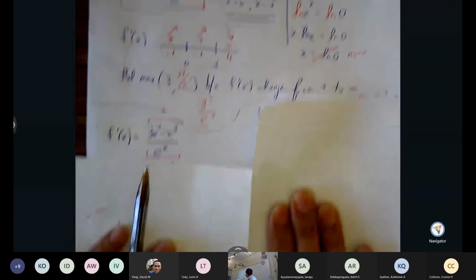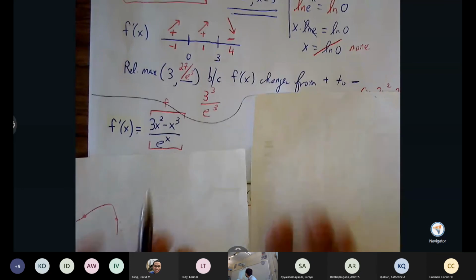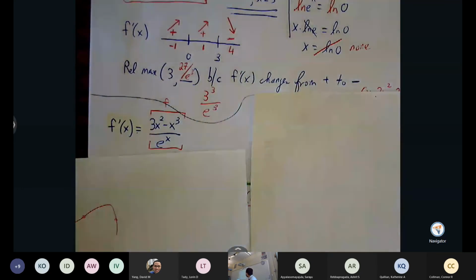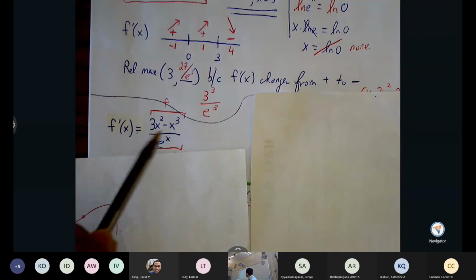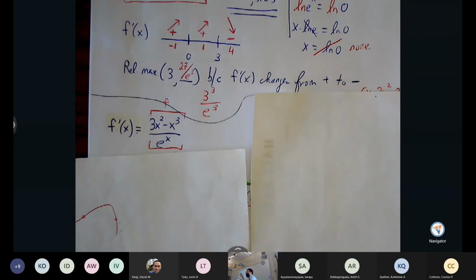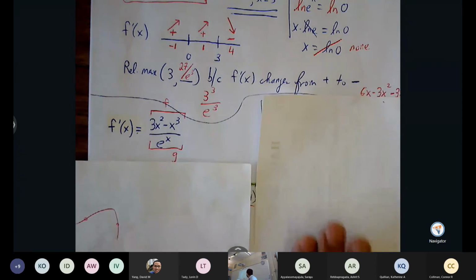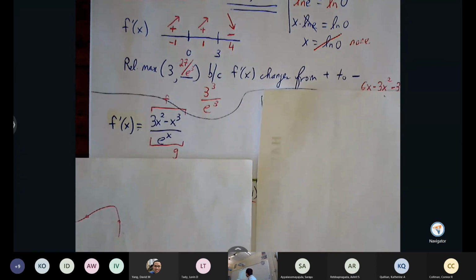The parentheses were good for us to find critical points, but before I move on to the second derivative, I'm going to resolve that parentheses so that when I do f double prime, I don't have to deal with another set of parentheses within my numerator. So there's my cleaned up f prime without the parentheses up top. And now quotient rule.